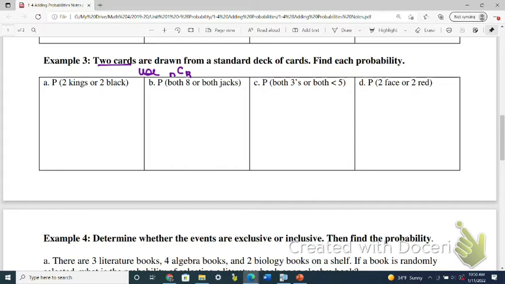So here I want to pull 2 kings or 2 black cards. So we need to do the probability of 2 kings plus the probability of 2 black cards. And we need to ask ourselves, can I pull a black king? Yes, I can. So I need to subtract the probability of pulling 2 black kings.